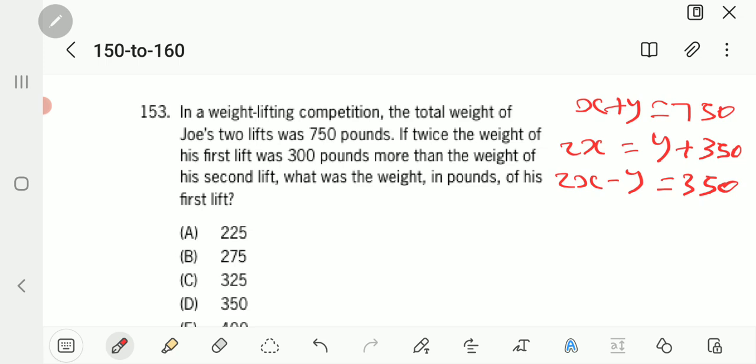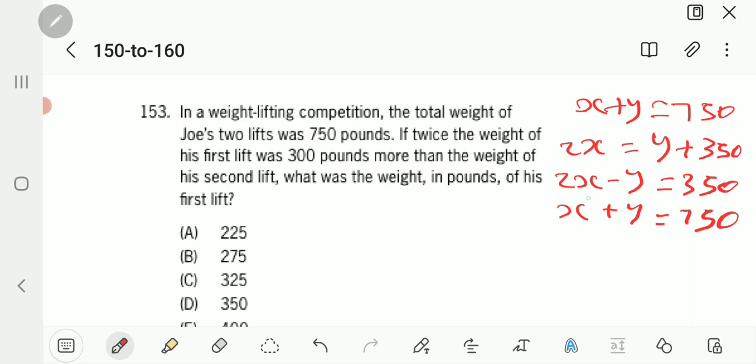So how do we go about solving this simultaneously? We bring this one here, and bring back this S plus Y equals 750. Then we can add.